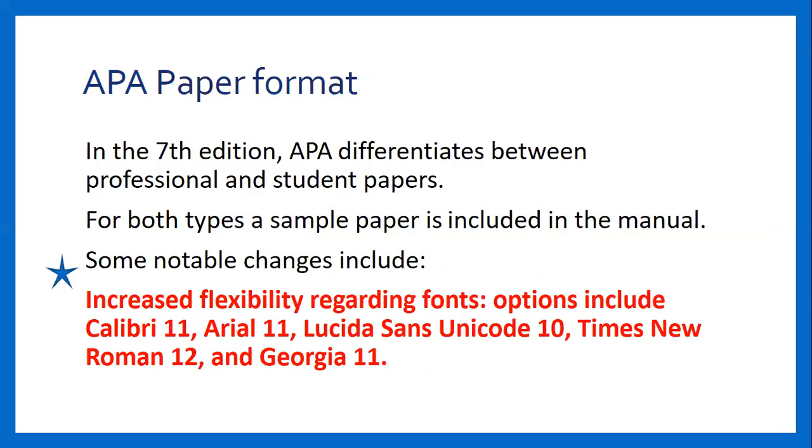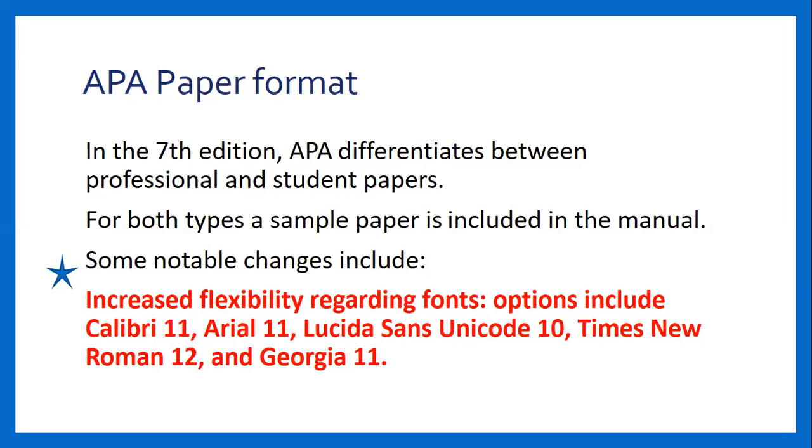So in the new edition, the APA differentiates between a professional paper and a student paper. And for both of these, a sample paper is included in the manual. So I'm just going to go through some of the notable changes. There's a lot more flexibility regarding fonts.